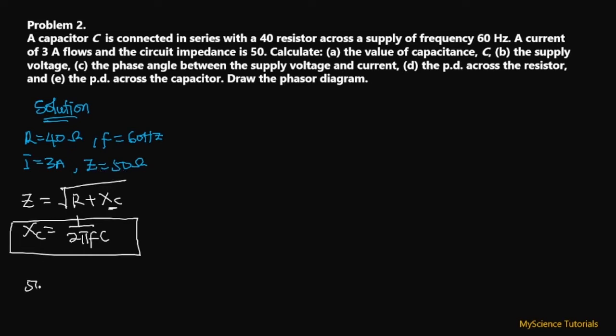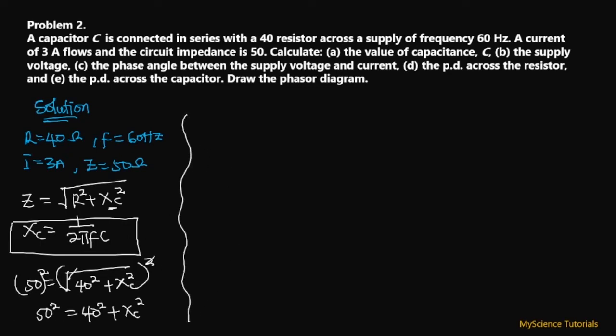We've been given the impedance to be 50. So we have 50 is equal to the root of 40 squared plus XC squared. If we get rid of the root sign, we square both sides, so this cancels the root. We have 50 squared is equal to 40 squared plus XC squared.